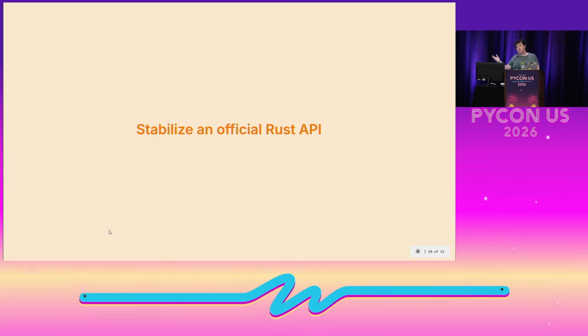Additionally, once we figure out a good Rust API, we could stabilize an official Python Rust API. And this would be maybe a replacement for or to be used with PyO3. And this would allow users to write extensions in Rust using the same APIs we would use in Python.